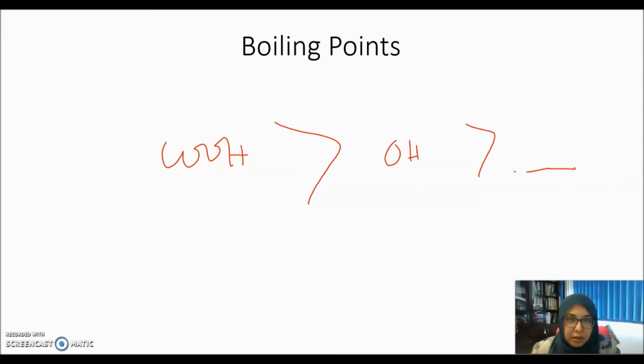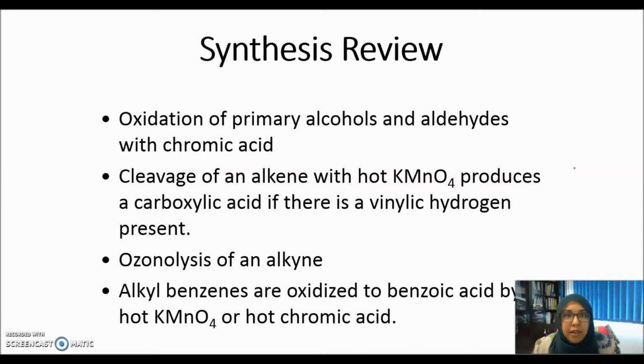Even alcohol is already high because it has hydrogen bonding, but more than that, carboxylic acid can make a dimer, so the hydrogen bonding is strongest.